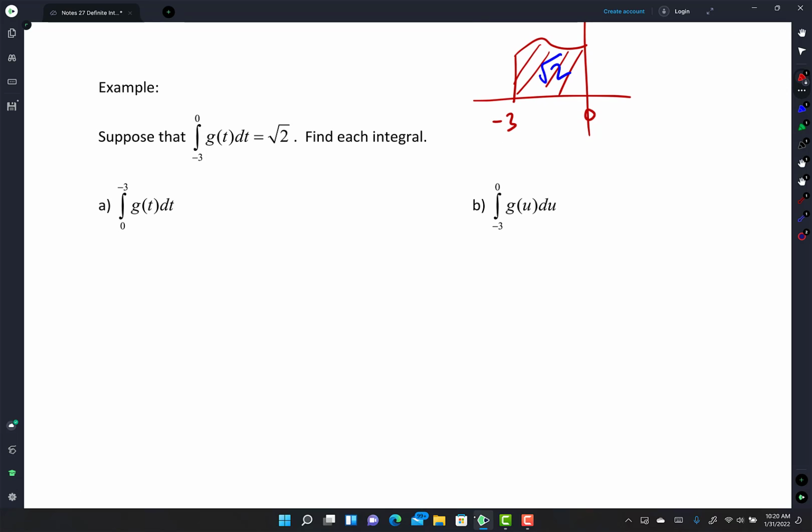All right. They want to know letter A, 0 to -3 of g of t. What do you think that area is? Are they counting backwards? Yes, because they're counting backwards, this is going to be negative square root of 2. Do you guys see what we did there?